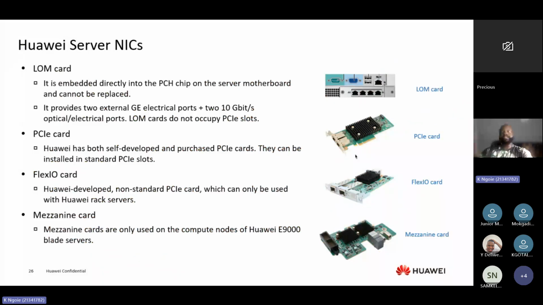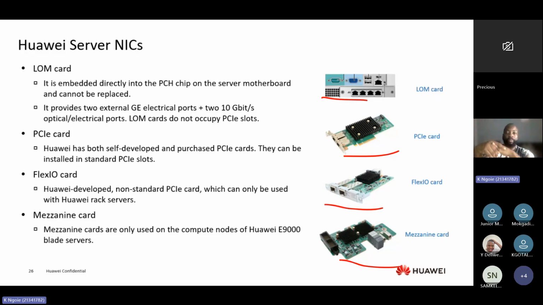There are different types of cards. I'm sure you've seen these on computers, behind those plugs where you plug in your Ethernet. Those are examples of NICs. You have many types of NIC card, depending on the type of device you have. Different devices will have different cards.